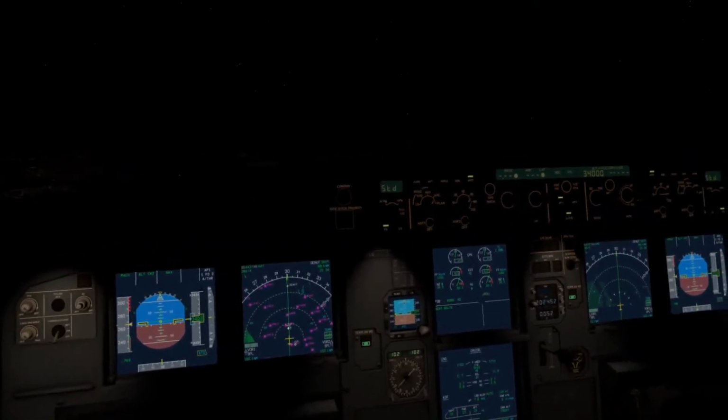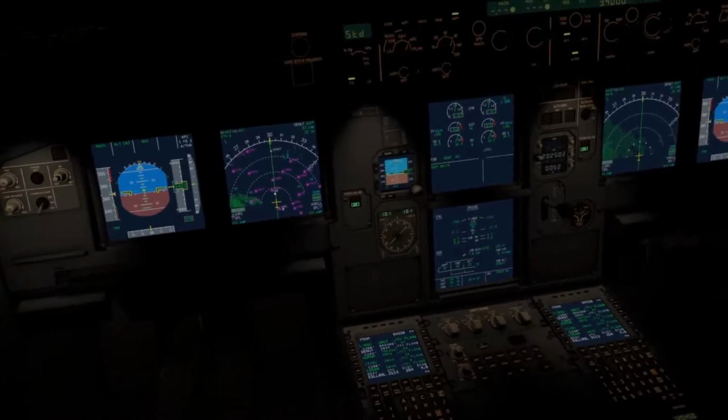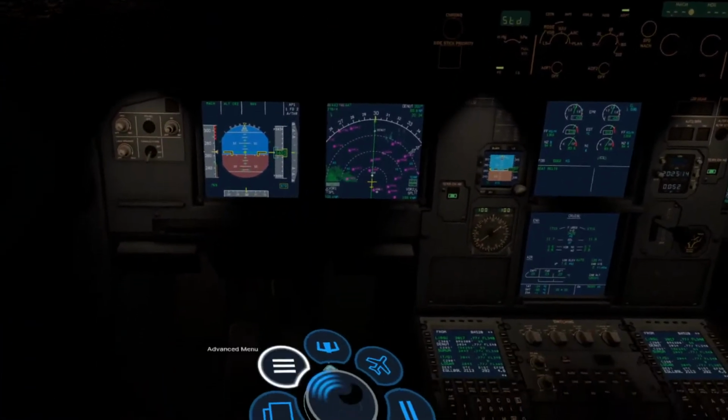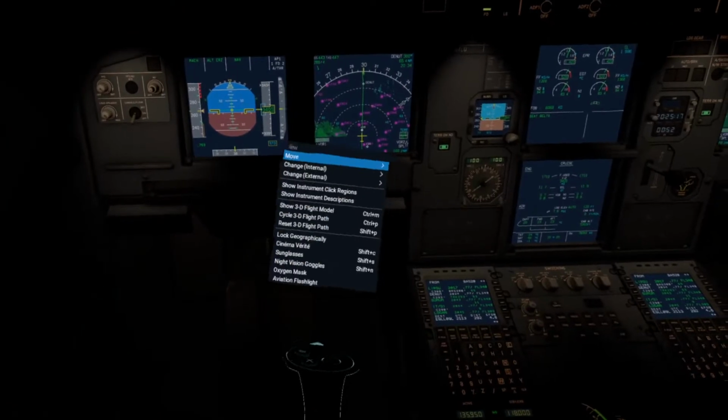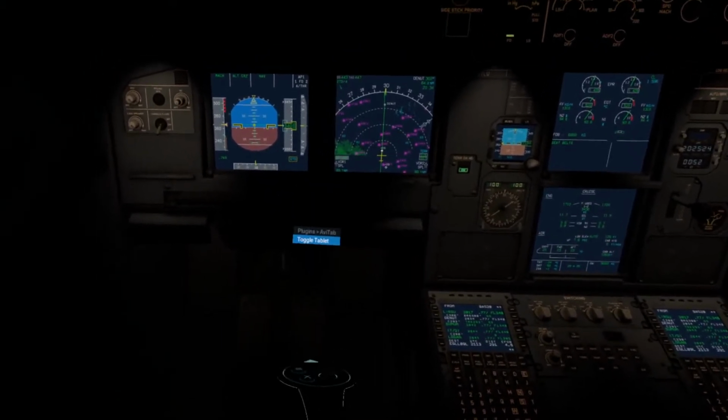I presume we're passing over a pretty heavy city, which is probably why my computer is a bit laggy. The next plane depends so much on frame rates.